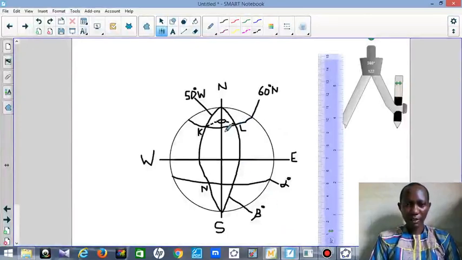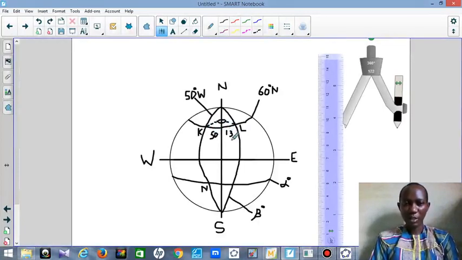So let's check. If this place is 50 degrees, then this other side is 13. The angle from 0 to L is 13, and the angle from 0 to K is 50. So 50 plus 13 will give us the angle between both of them.